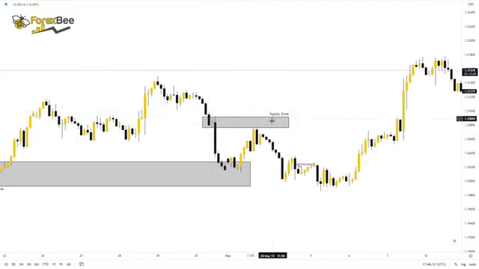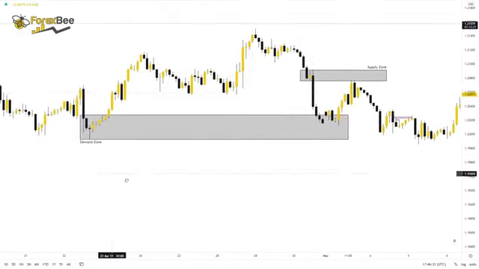So this is a supply zone, and a very strong supply zone for our 2-hour time frame which we are working on. And if there were more base candles in between these two big candles, this zone would have been weakened.